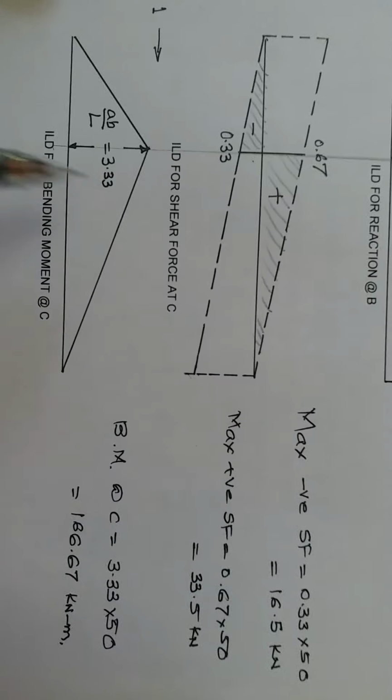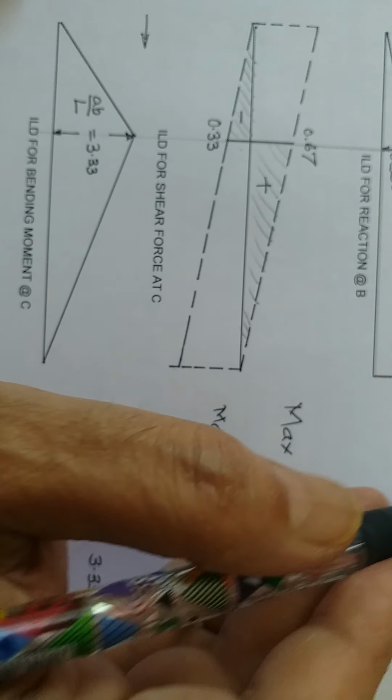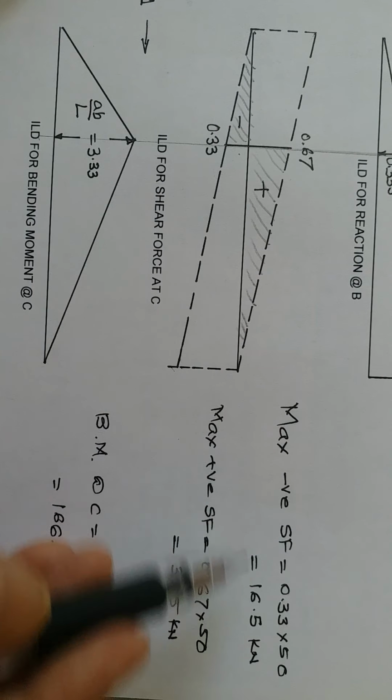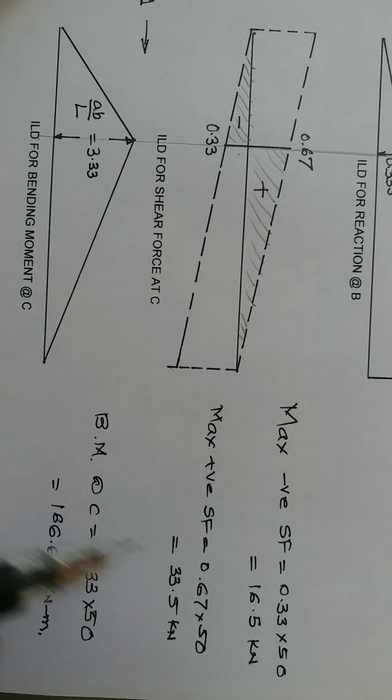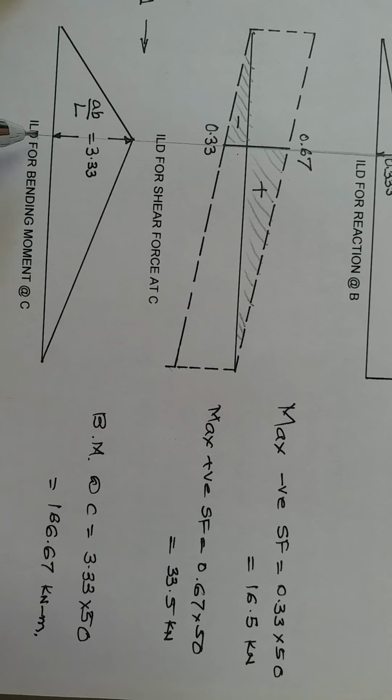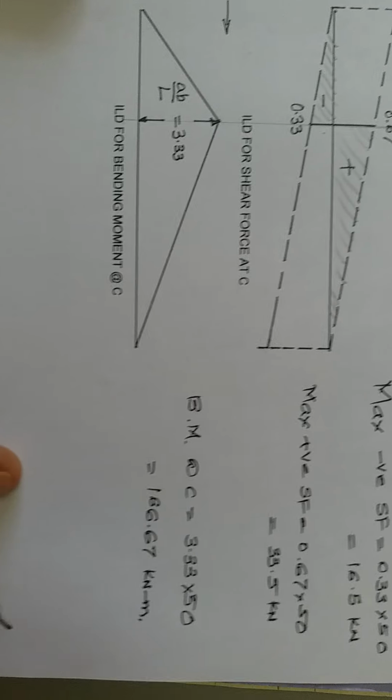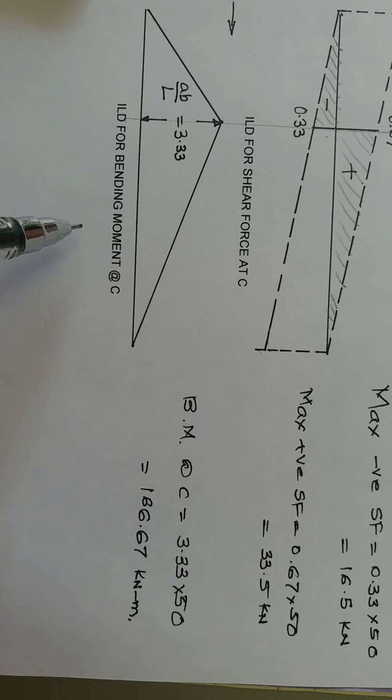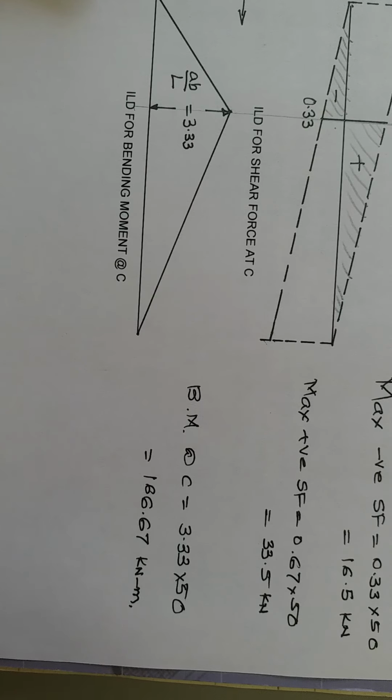Now I have taken a load of 50 kilonewton, but you can take different loads and calculate these parameters, that is RA, RB, maximum negative shear force, maximum positive shear force, and bending moment at a particular section, with the help of the influence lines directly. So this is different from the conventional method.